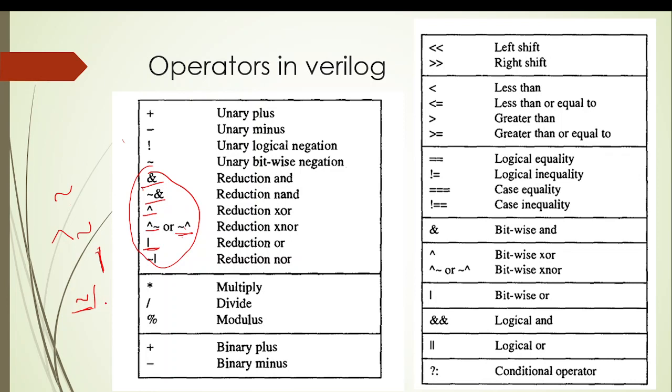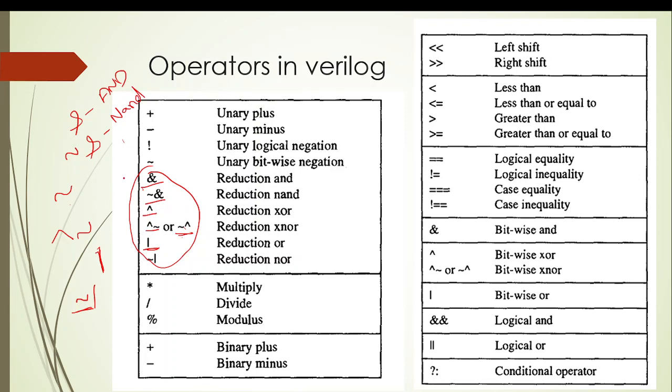In the class we already discussed how to write the program in gate level modeling. Now I'm going to teach you how to write the program in Dataflow modeling. For Dataflow modeling, mainly we'll be using these symbols. This ampersand symbol I'll use for AND operation. If I use a tilde symbol before this, we call it NAND operation.